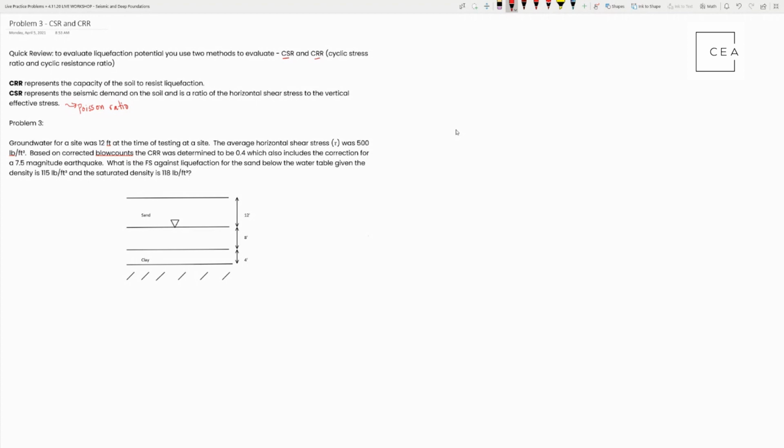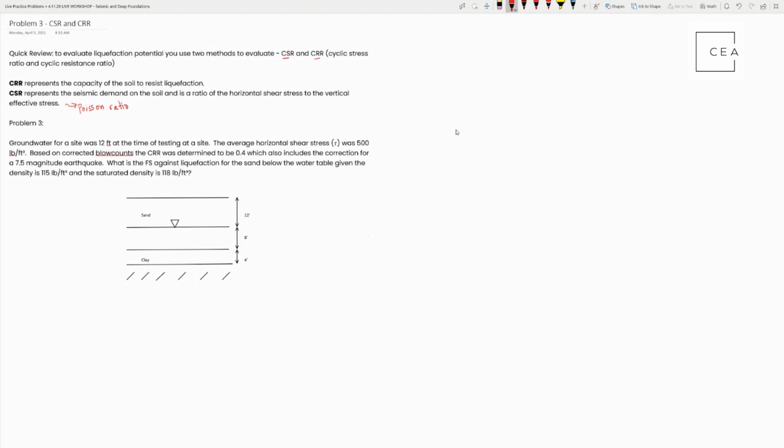Well, it's not the benchmark, but it is classified as a severe one for sure. So the question here is, what is the factor of safety against liquefaction for the sand below the water table, given the density is 115 pounds per cubic foot and the saturated density is 118 pounds per cubic foot?